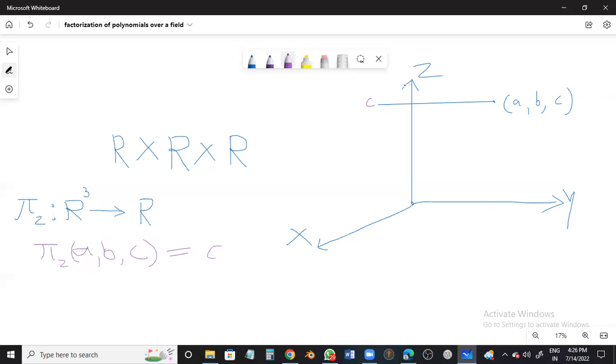If you take its projection on the Y axis, what will be the answer with us?